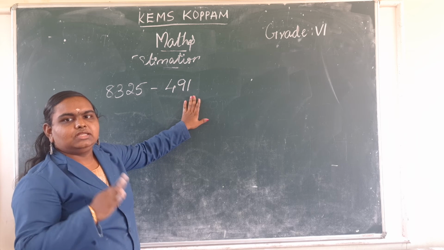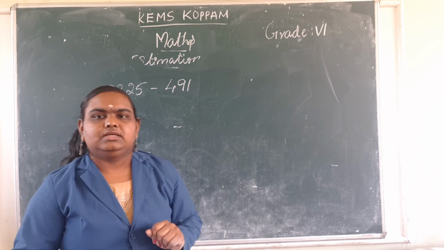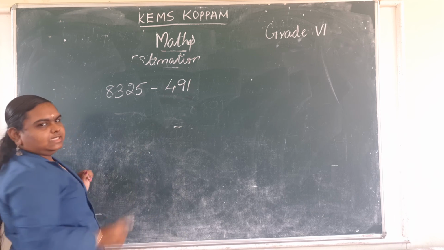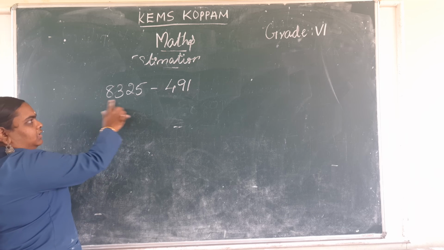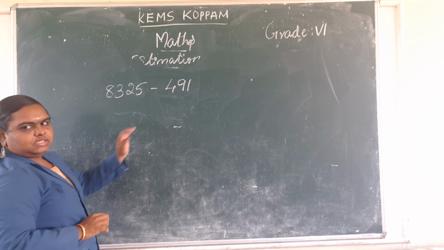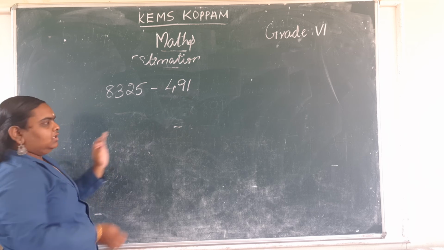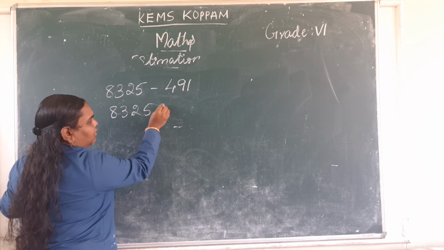So I am taking only hundreds, because here there is only the hundreds place. We can't take it for thousands, because here we cannot take the thousands. So I am taking 8325 and converting into hundreds.